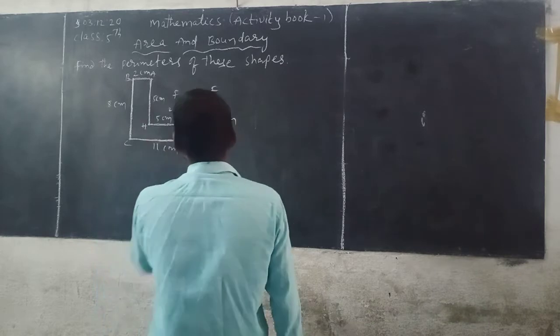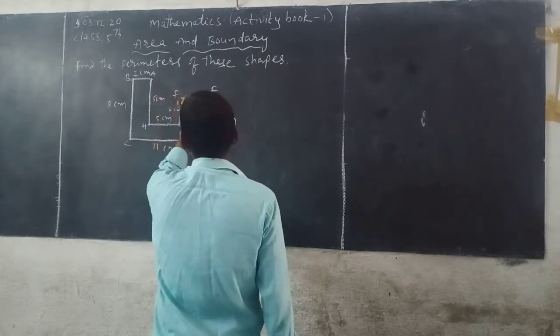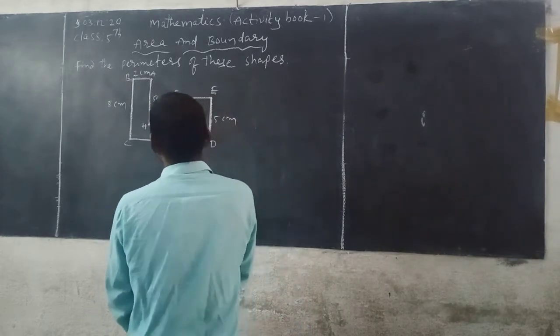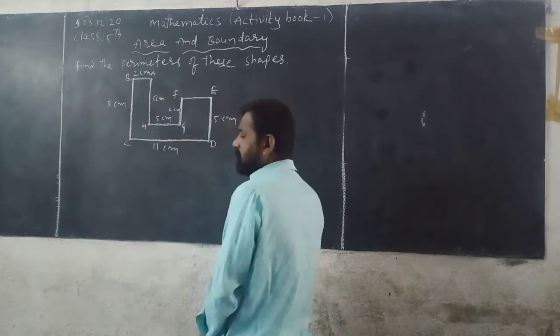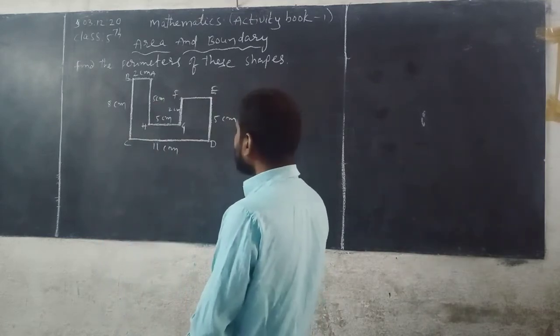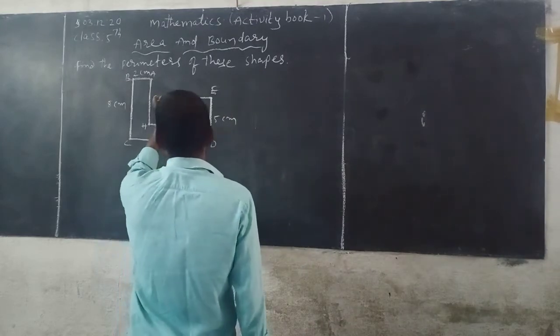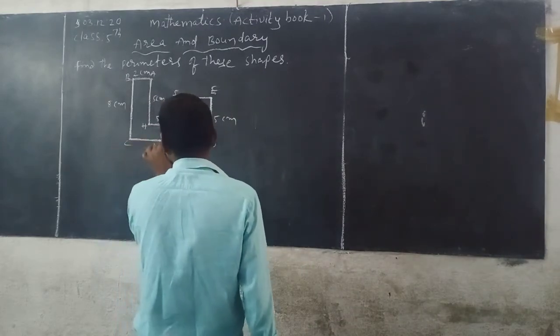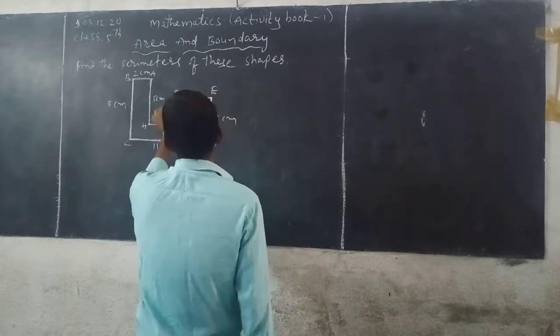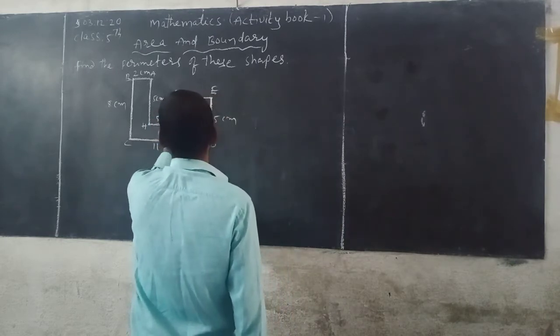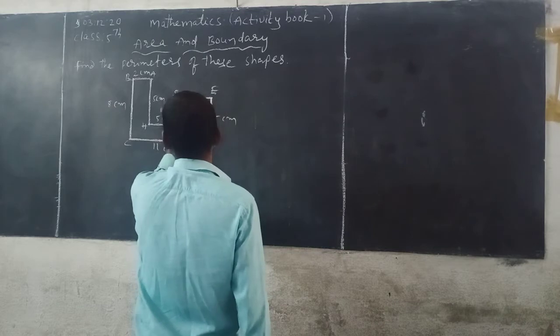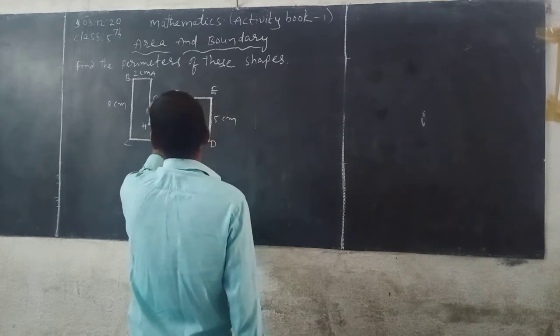Now here EF has no length of the side. So this is CD. CD is parallel to EF. Then EF, we can draw like this only.